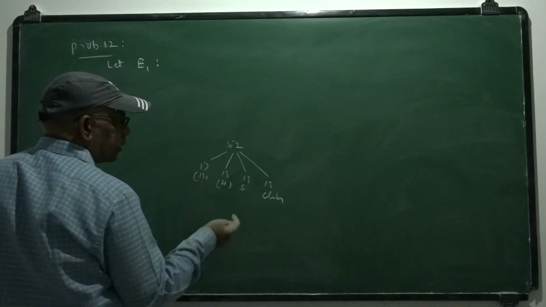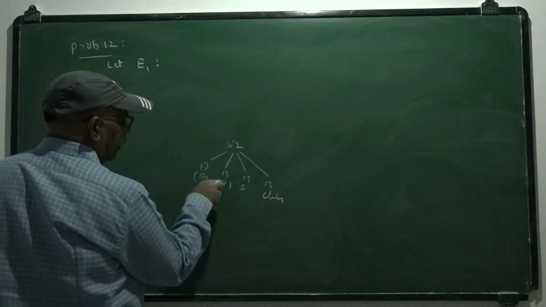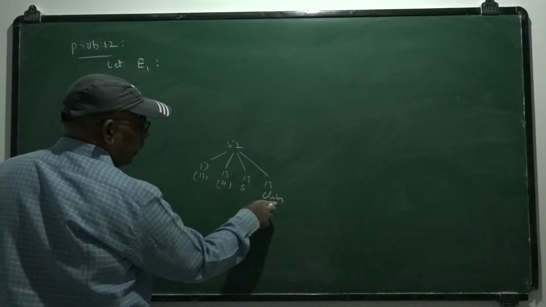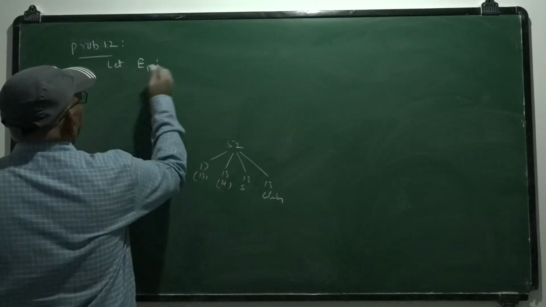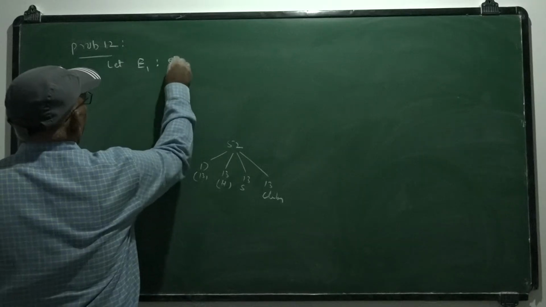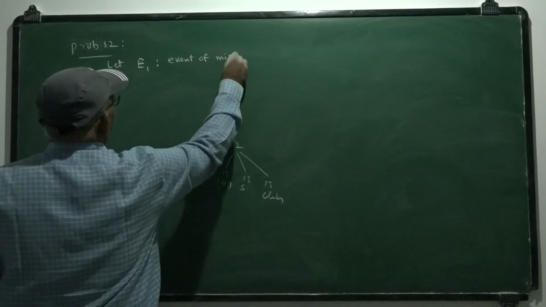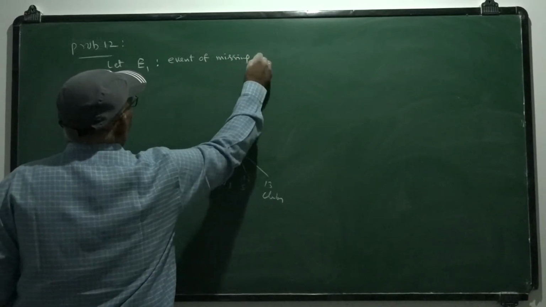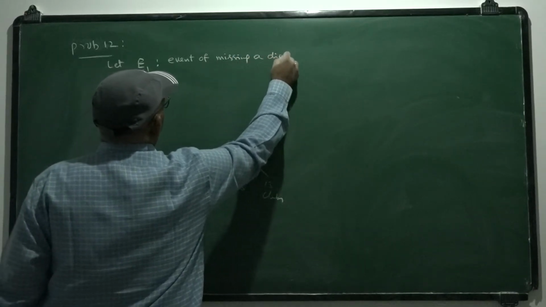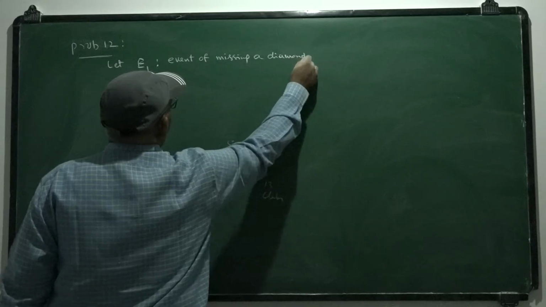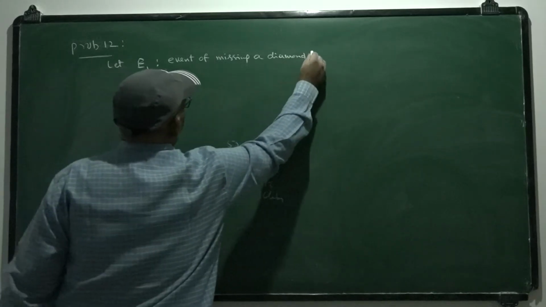One card is missed means that the missing card may be a diamond or a heart or a spade or a club. So let E1 be the event of missing a diamond card.